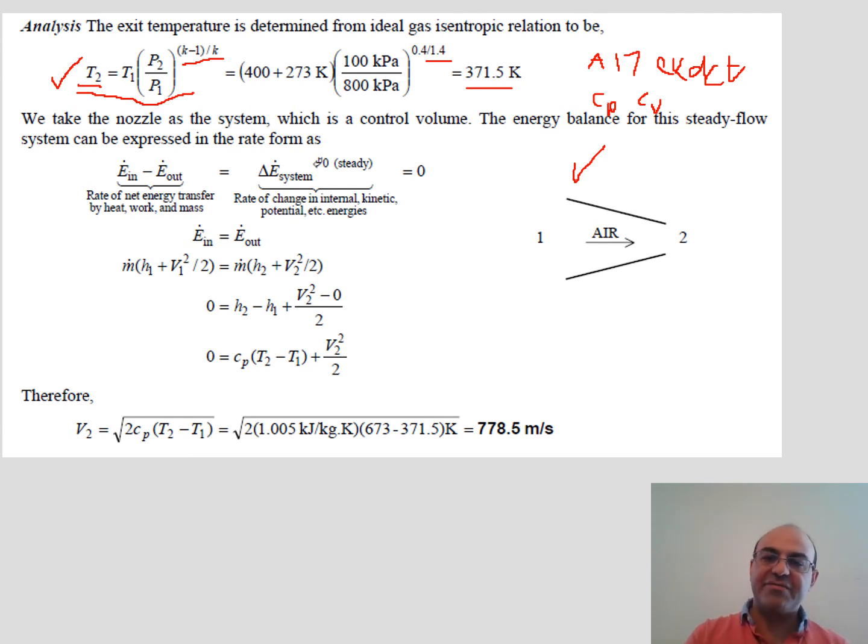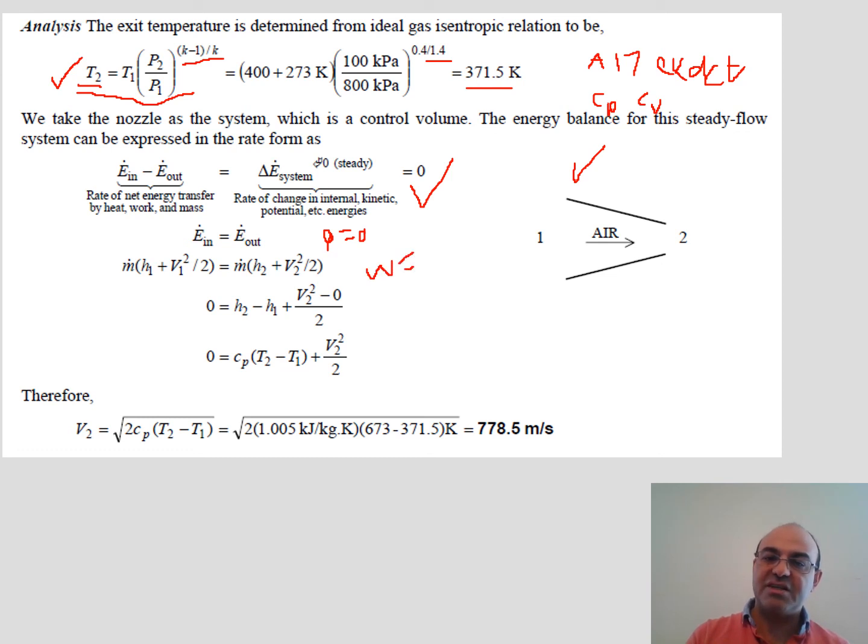If we write the first law on the nozzle, energy in minus energy out equals 0 at steady state. You need to write all of this. Then energy in is equal to energy out. It's adiabatic, so Q is 0. There is no work done during this process, so W is 0.